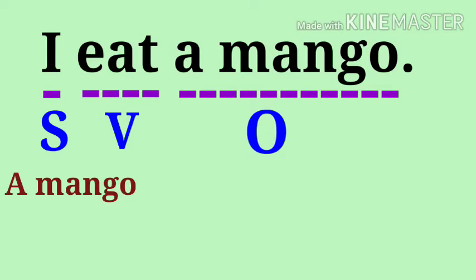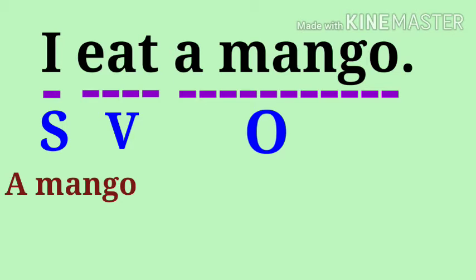Now see, as the given sentence is in simple present tense, and our object a mango is the singular object. Singular object and simple present tense, at that time you have to use auxiliary verb is. As the given sentence is in simple present tense, you have to use is as the auxiliary verb, and afterwards you have to use the past participle of the given verb. Past participle, that is the third form of the given verb.